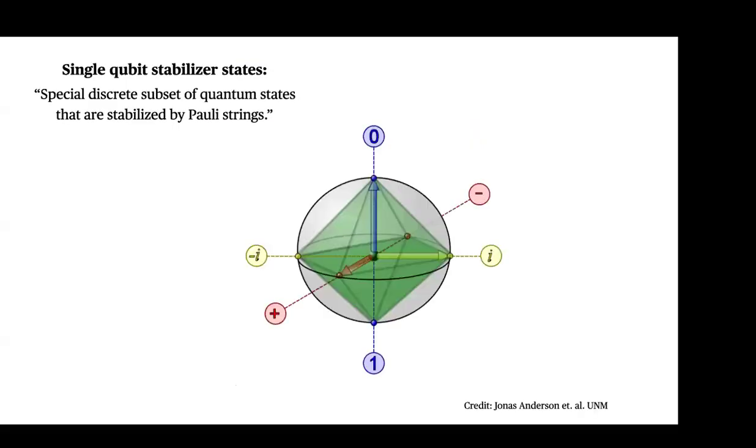Okay, so to give you a picture, single qubit stabilizer states are the 6 corners, these points in the Bloch sphere that you saw a few slides ago.